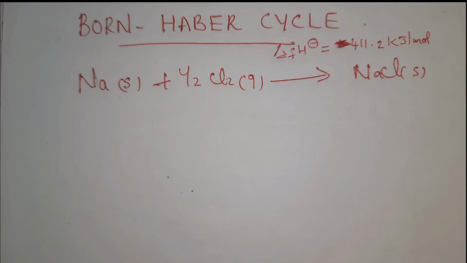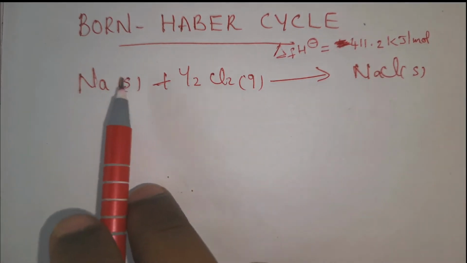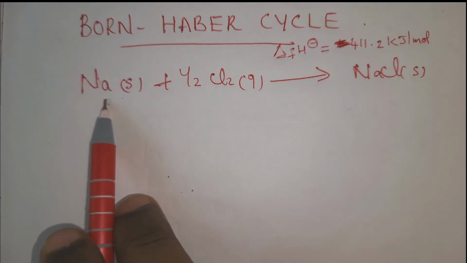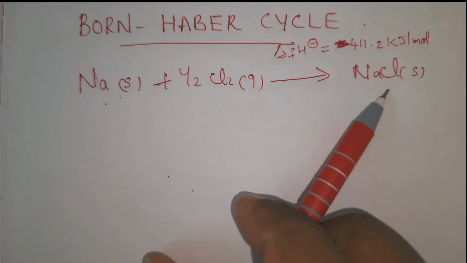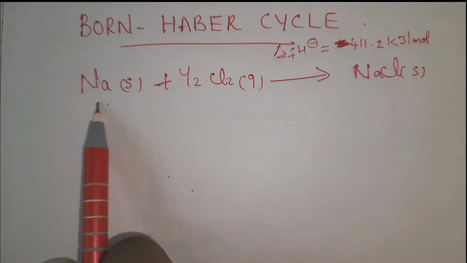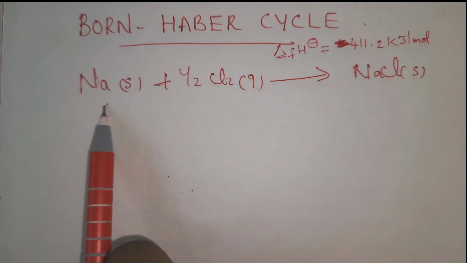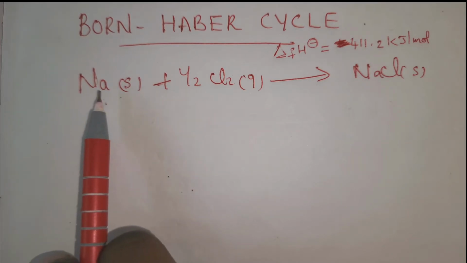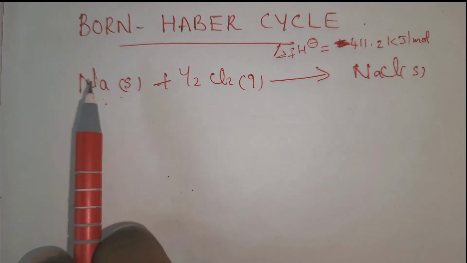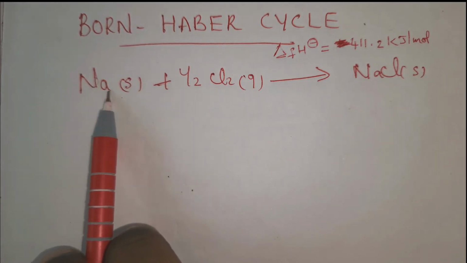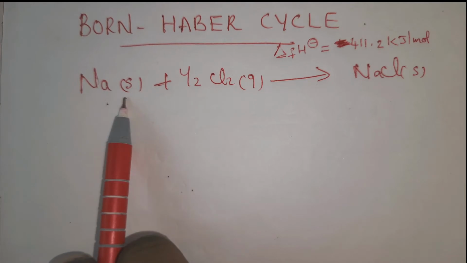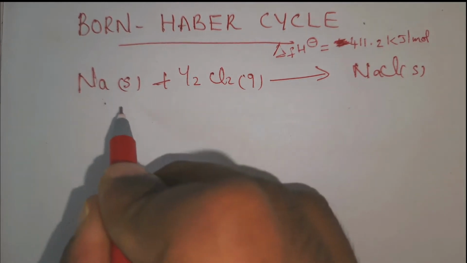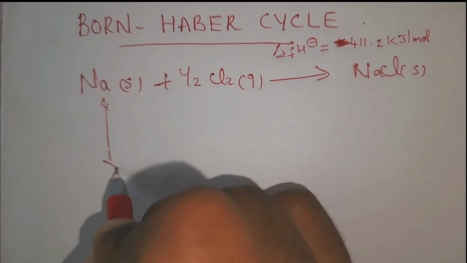Now you need Na plus and Cl minus as the products. To get Na plus you need to remove one electron, and you can remove an electron only from the gaseous state. So from this Na in solid state, you need to convert that to gaseous state.